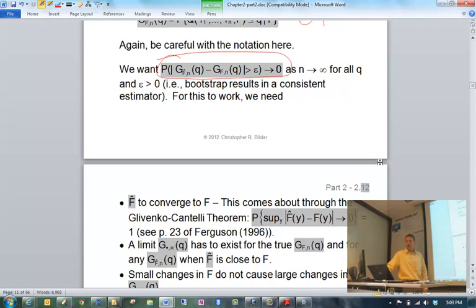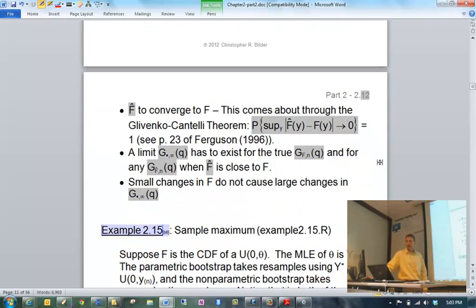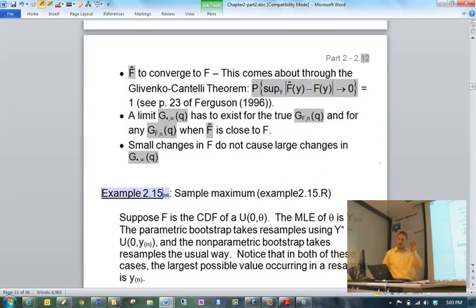Now, for this to work, we need the following things to happen. Again, for the two distributions to be close to one another, we need F hat to converge to F. I briefly mentioned before, there's something called the Glivenko-Cantelli theorem that gives us a very strong sense of how close F hat is to F. Also, obviously, we need some kind of limit to exist. It's no big deal. As n goes to infinity, it goes someplace and stays there.